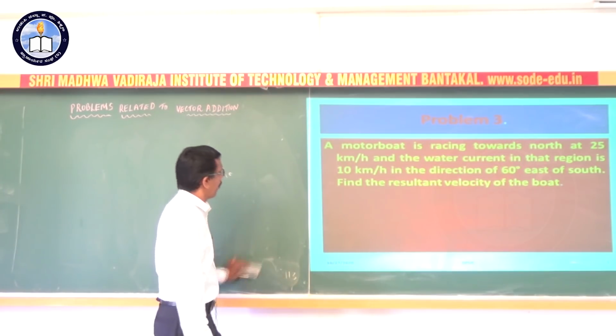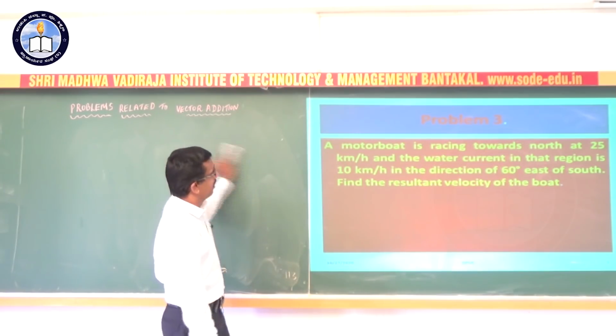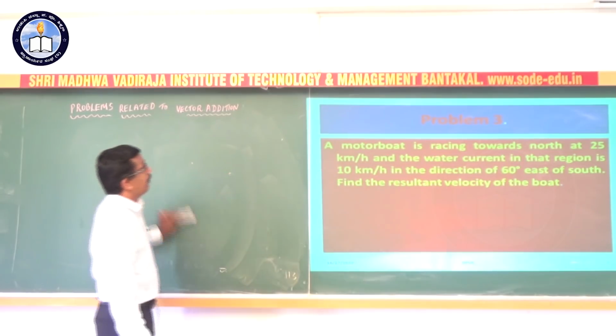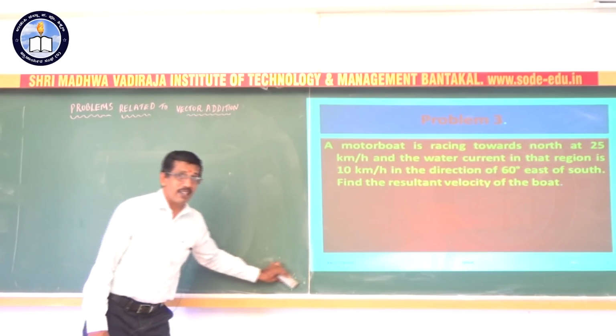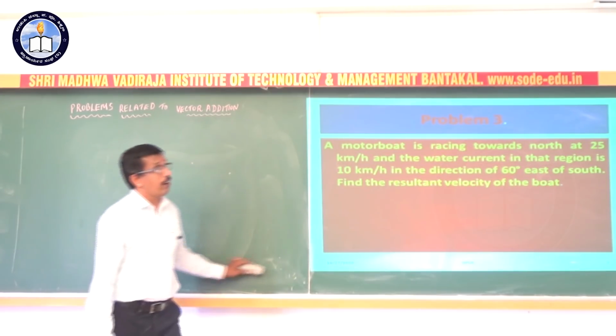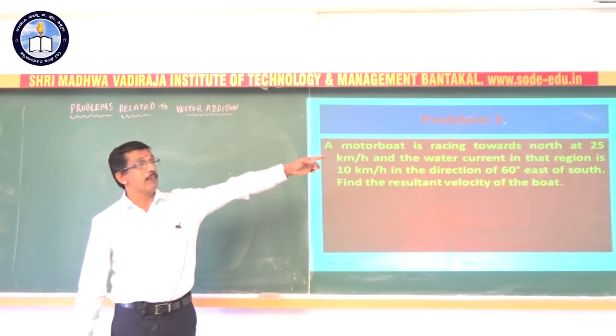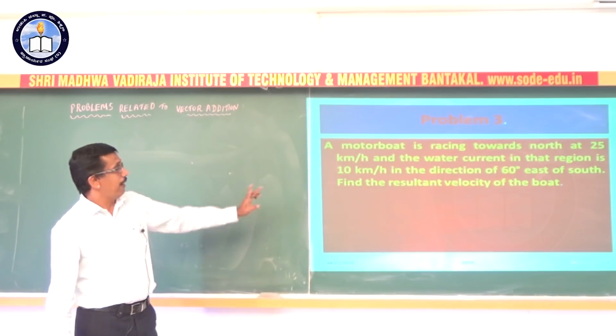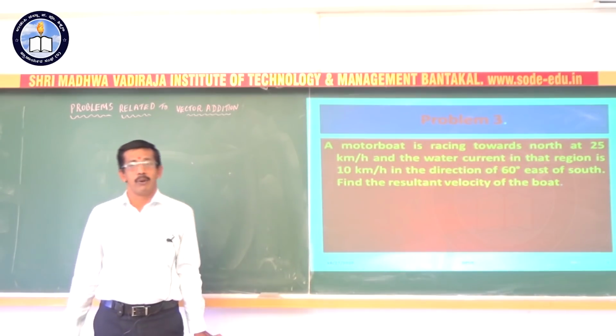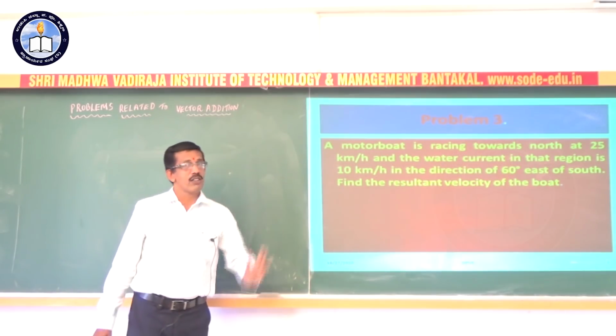That is the speed or velocity of motor boat, because there is direction. And the water current in that region is 10 km per hour in the direction of 60 degree east of south. Find the resultant velocity of the boat.